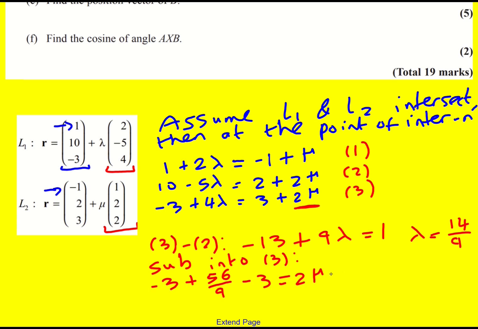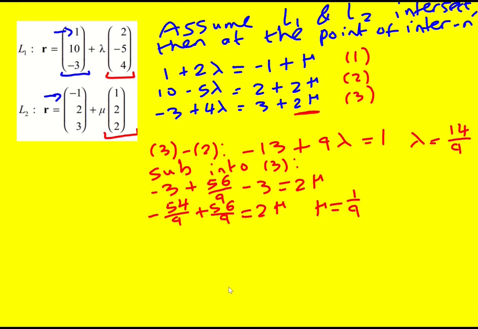Minus 3 minus 3. Actually, let's just put another line in. So that'd be minus 6, which I could then write as minus 54 over 9 plus 56 over 9 equal 2 mu. That will give me 2 over 9, so mu will equal 1 over 9. And now I just need to check that it also works with equation 1.